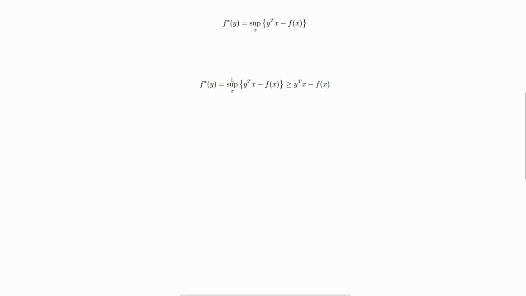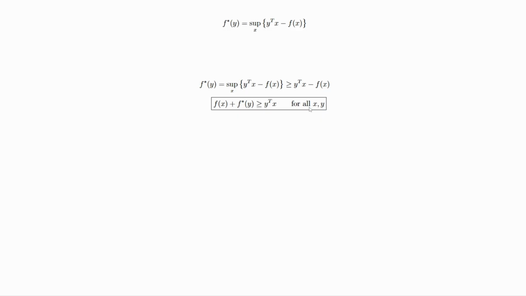To be more clear, I mean that the supremum takes the biggest one, so if you take any other one, it's going to be smaller, right? Okay, and then you simply rearrange this expression, and you have f of x plus the conjugate f star of y is greater than or equal to y transpose x for all x and y. So this is called Fenchel's inequality.